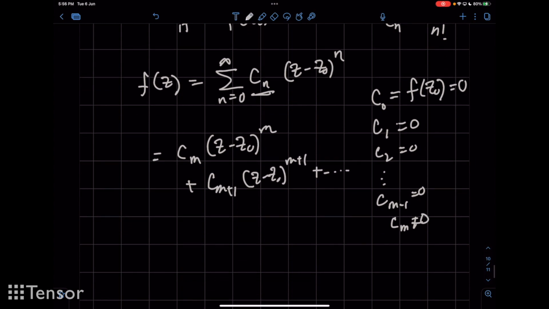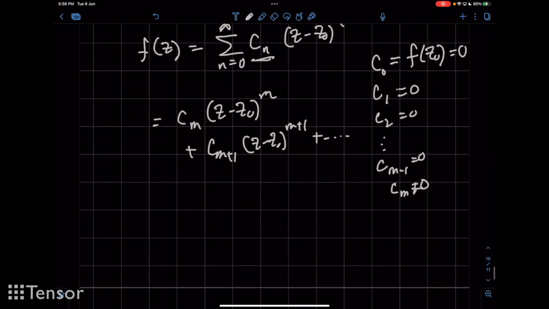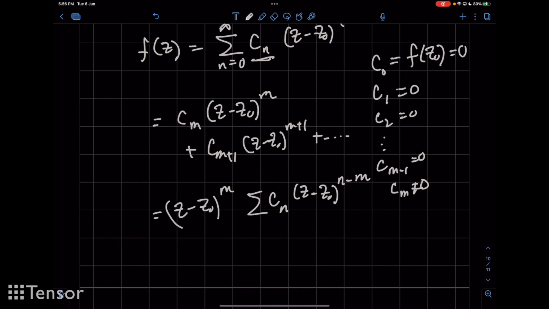We can factor out (z minus z naught) to the power m, and we have a sum of c_n (z minus z naught) to the power n minus m, where the sum runs from n equals m to infinity.